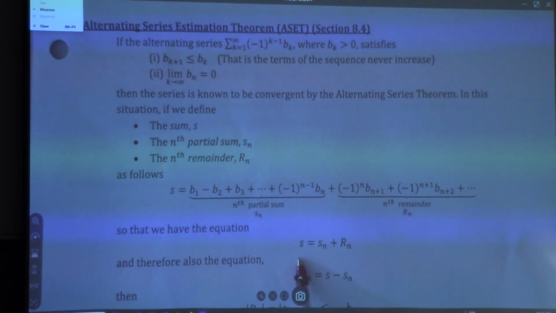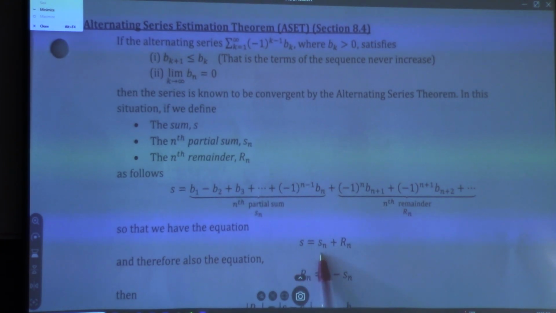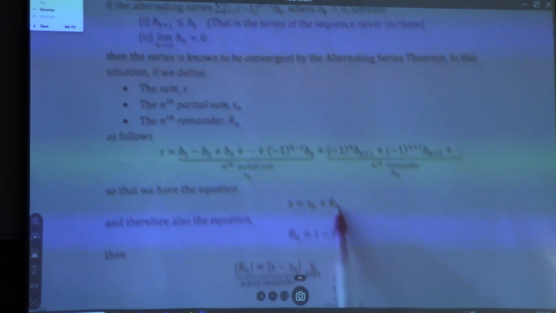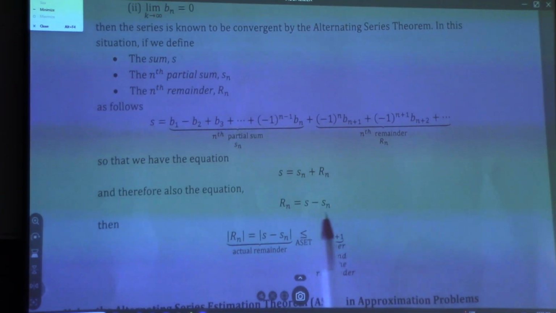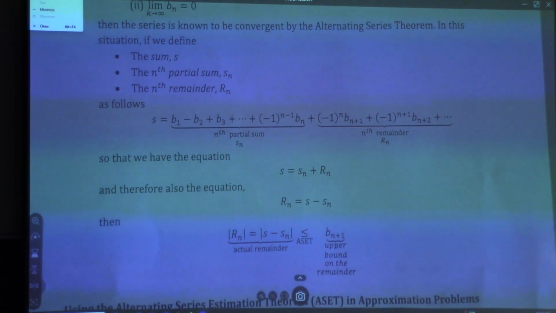So S equals the nth partial sum plus the nth remainder. And if I subtract, then the nth remainder is equal to the total sum minus the nth partial sum.